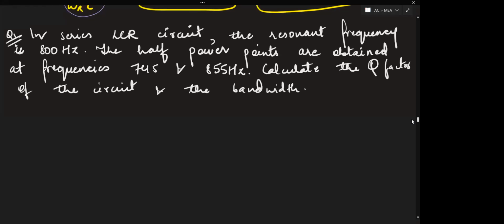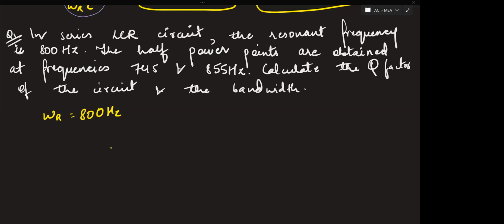In a series LCR circuit, the resonance frequency is 800 hertz. So omega R is 800 hertz. Half power points are obtained at frequency.